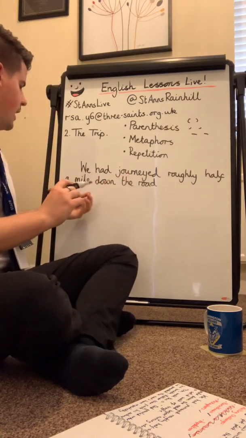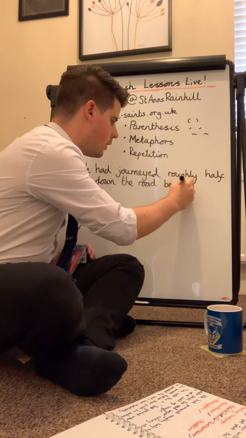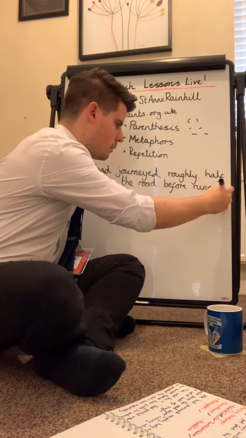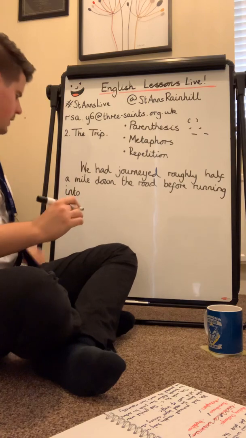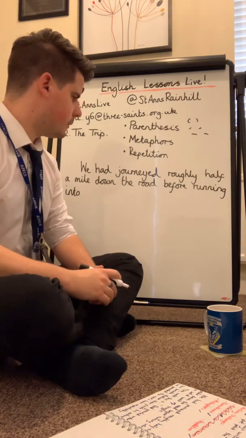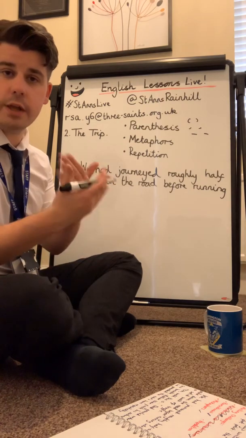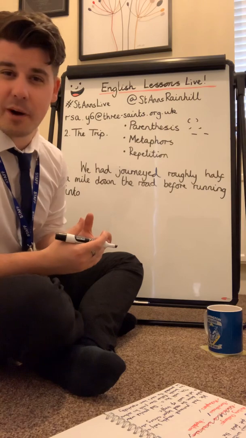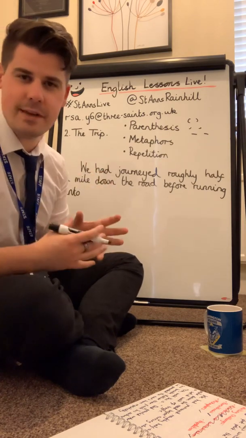We had journeyed roughly half a mile down the road before running into... now what can I call the traffic? What metaphor? I suppose I call it a solid wall. That kind of links into our metaphorical theme, doesn't it? This idea of walls and captivity.